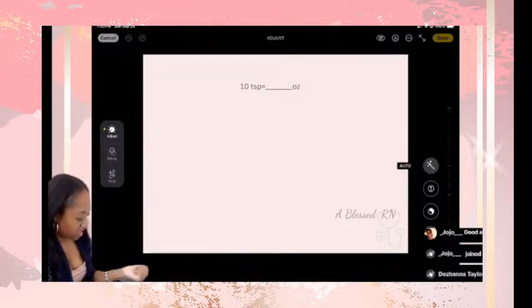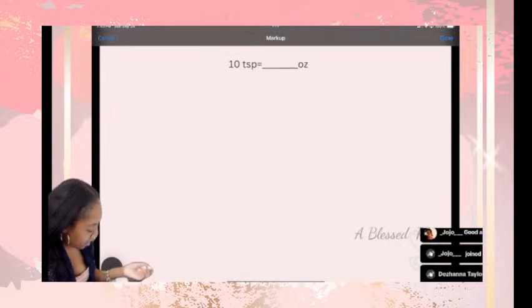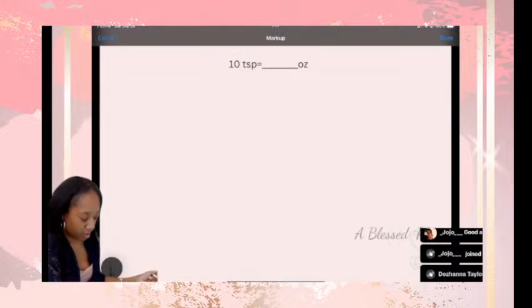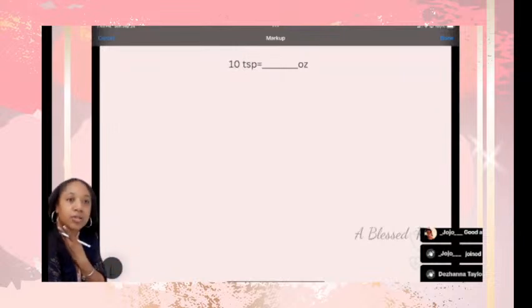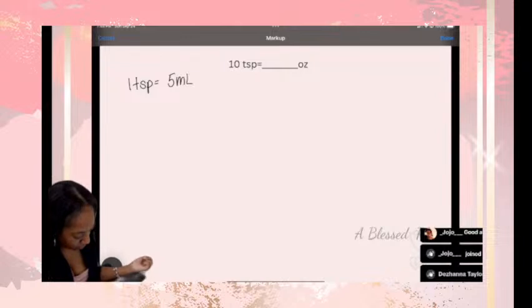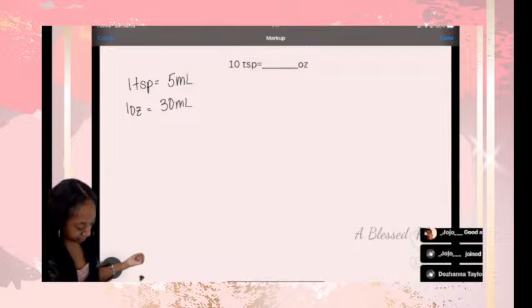All right. So 10 teaspoons is how many ounces? Once again, we're going to start with writing our conversion. This is a household conversion. So let's see, 1 teaspoon is 5 milliliters. And we know 1 ounce is 30 milliliters.